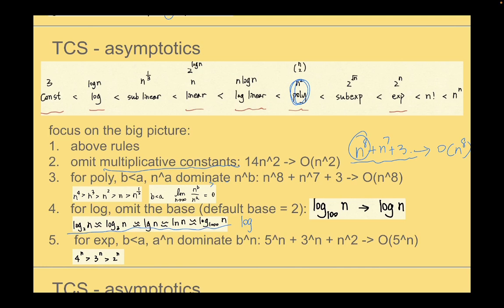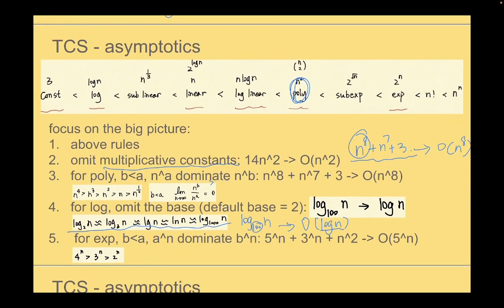Okay, if you see an algorithm whose runtime is like log base 100 of n, we just say that it's log n. Okay, and for log n, the base is equal to 2 by default. And they're the same, so base equal to 100 is the same as base equal to 2, right?